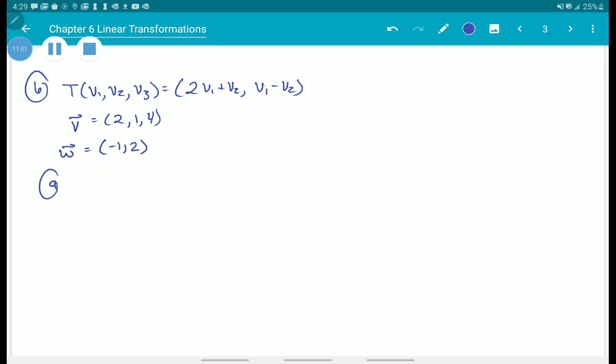A is asking us for the image of V under T. So if we plug this in, what does that look like? That's what that's asking. So we're going to have 2 times 2 plus V2, and then V2 minus V1. So we're going to get 5, negative 1.